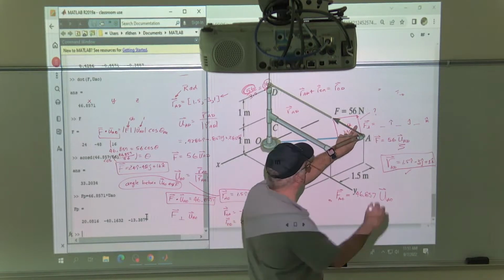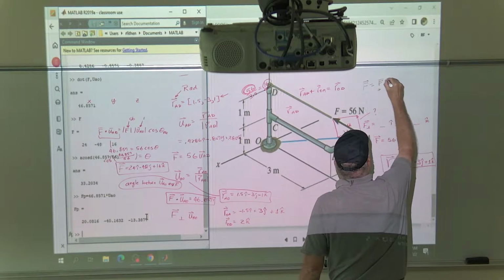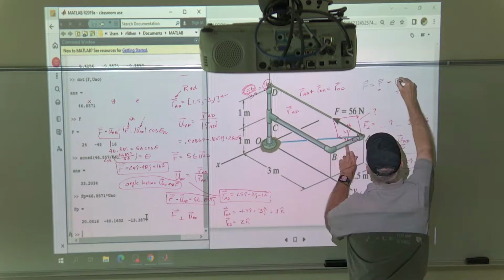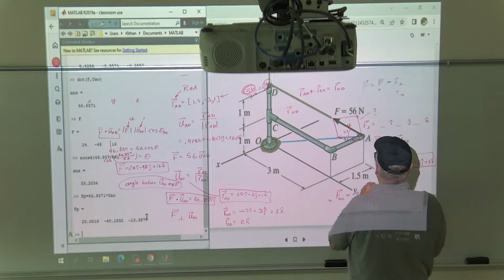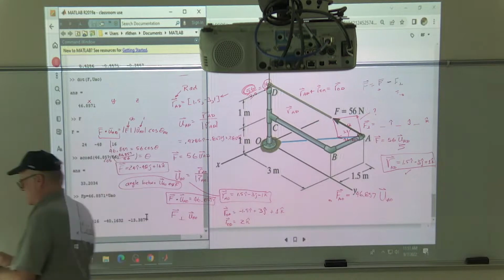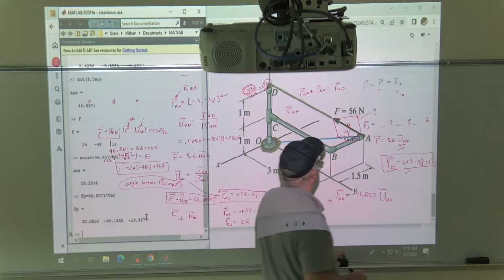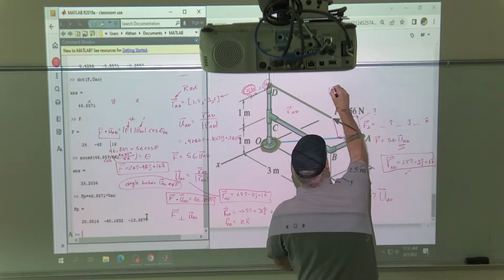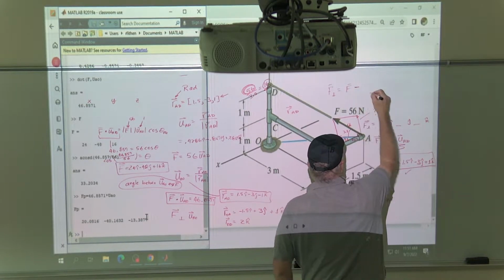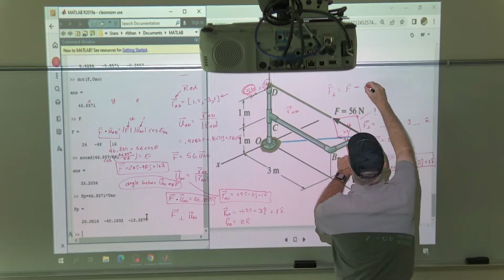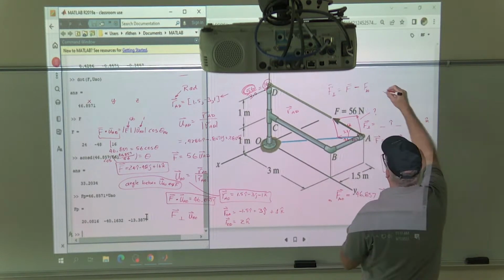So if I want this one, isn't this one equal to the original vector minus this vector, not perpendicular, but this vector along AO? Here, let me write that in red so it makes better sense. So I want to find this perpendicular one: F minus the F along AO, which is this one.